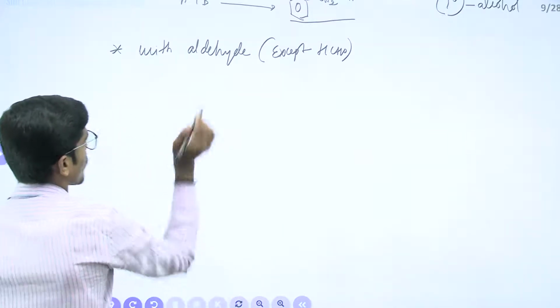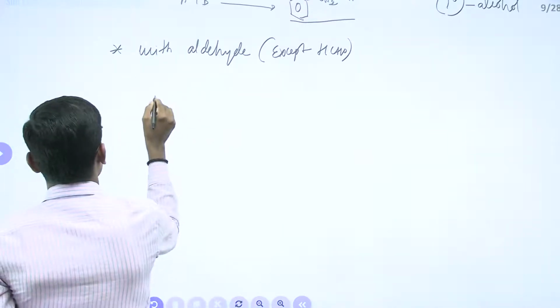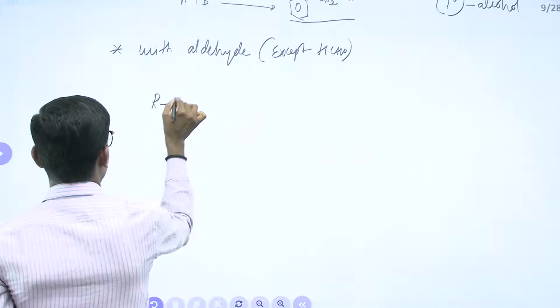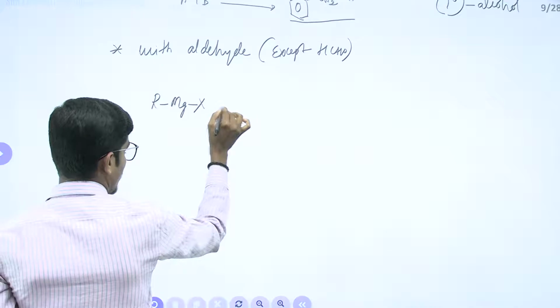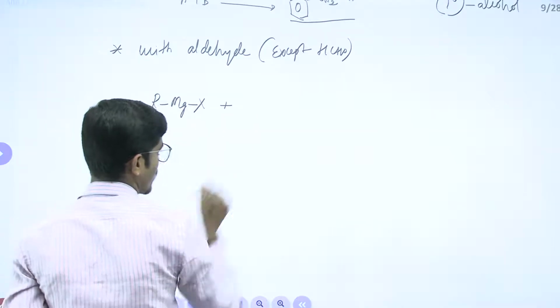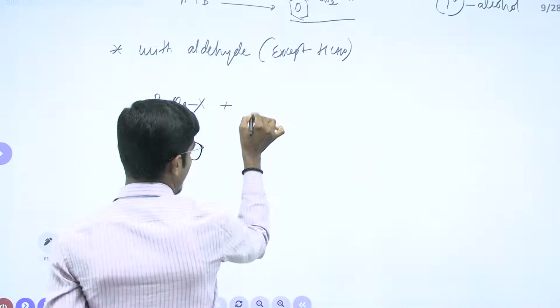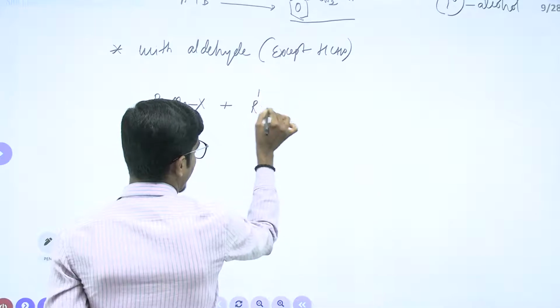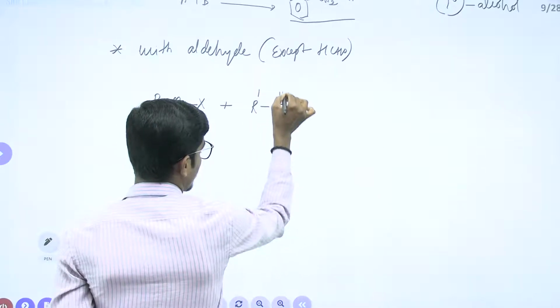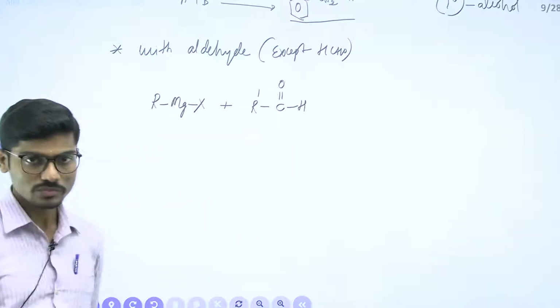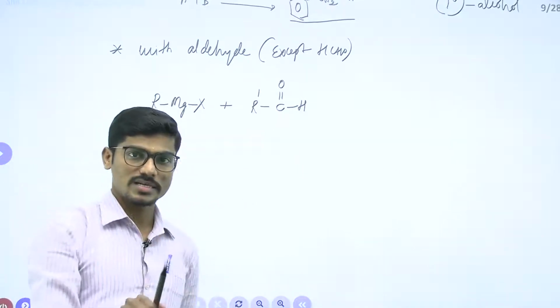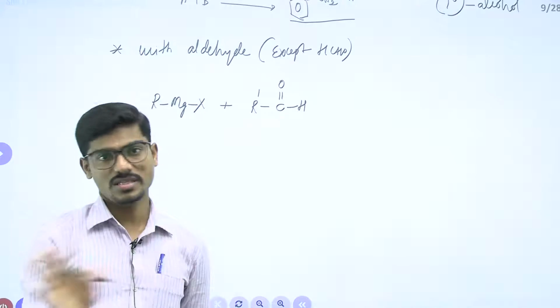So look at this. When a Grignard reagent RMgX is treated with an aldehyde, R' CHO, as I said earlier, the mechanism part is similar.